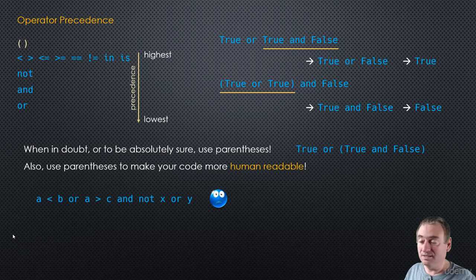Well, the precedence here means that the less than and the greater than have to be evaluated first. So those expressions are going to be evaluated before any of the other ones. Then next in the order of precedence is not, and here we have this not X. So that will get evaluated next.